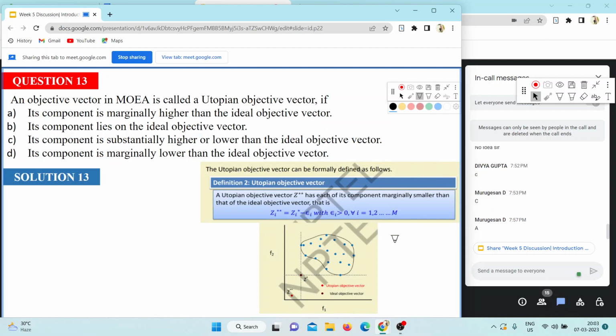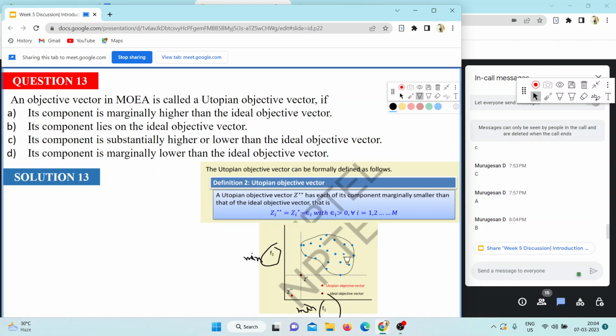The utopian objective vector concept comes when we have to minimize both objective functions.